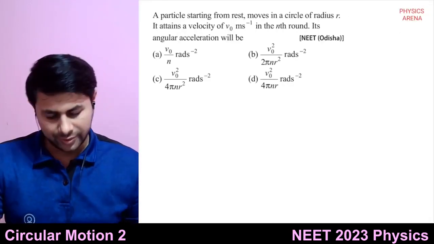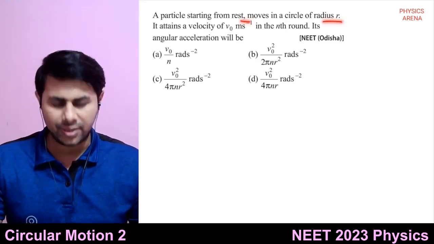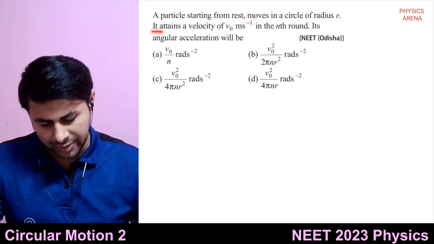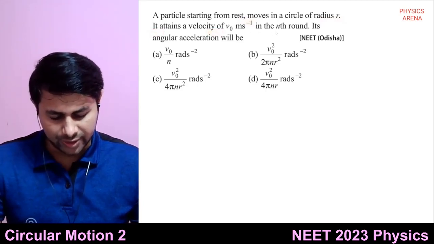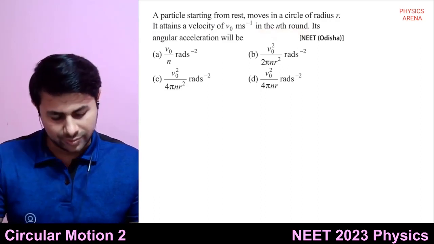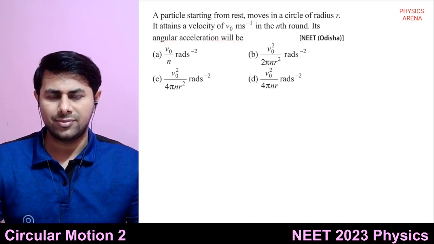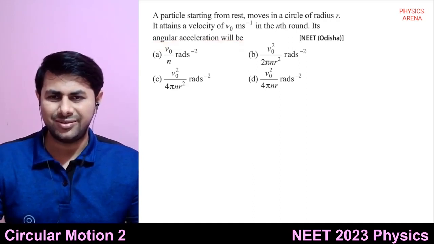Let's see the next one. A particle starting from rest moves in a circle of radius r. It attains a velocity v0 meters per second in the nth round. Its angular acceleration will be? So what do we have to use here?